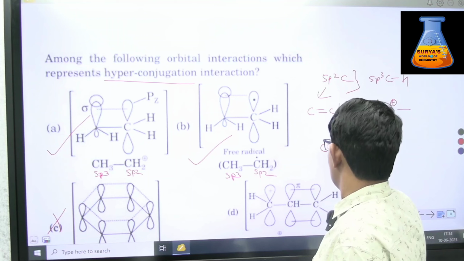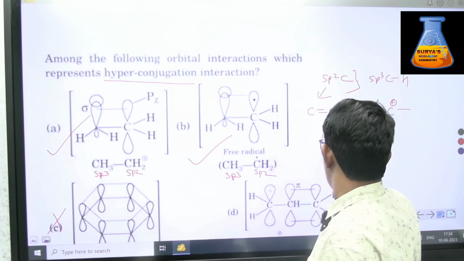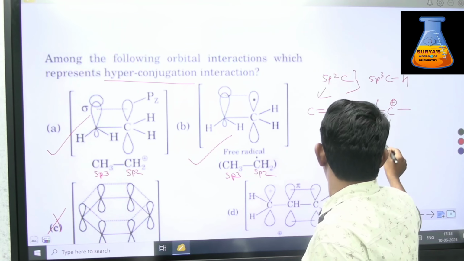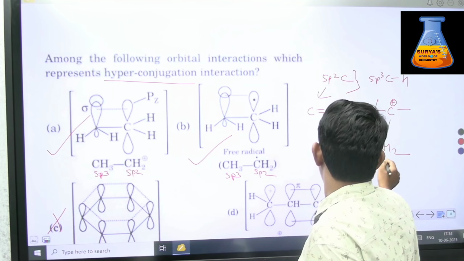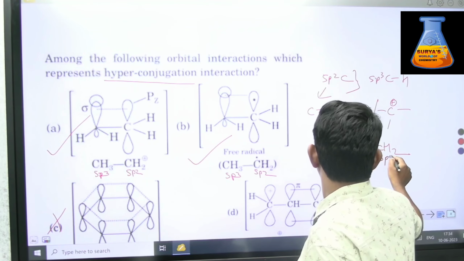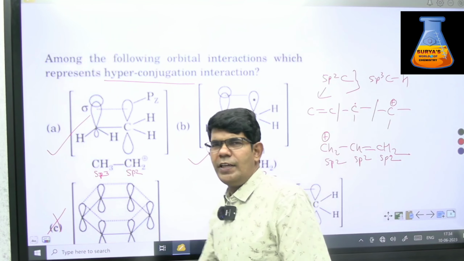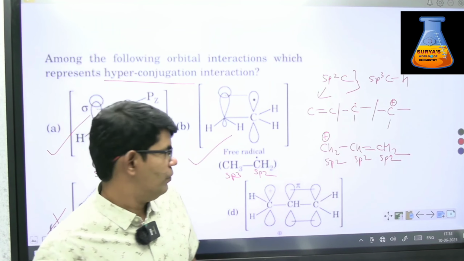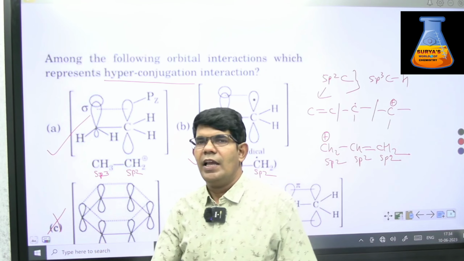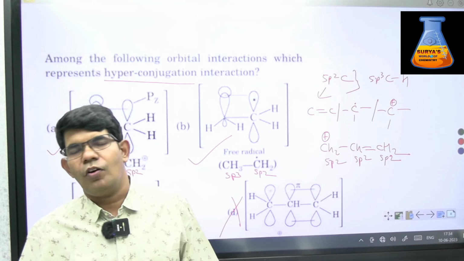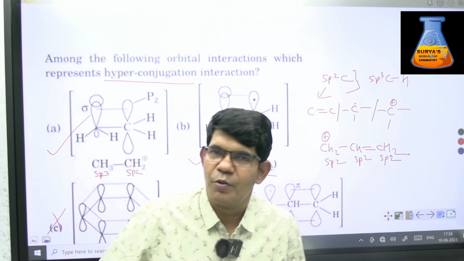So it is something like this, CH2 plus, CH double bond CH2. So this is sp2, this is sp2, this is sp2. So do you think it will be involved? No. So many questions, students, have indirectly been asked based upon the type of orbitals involved in hyperconjugation.